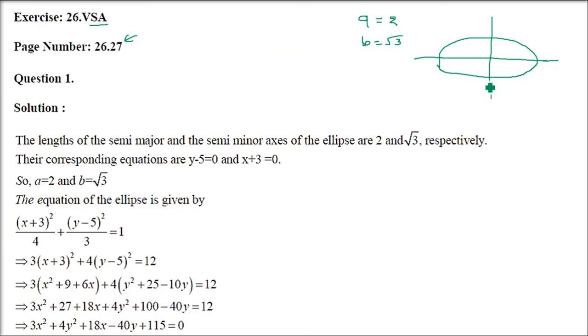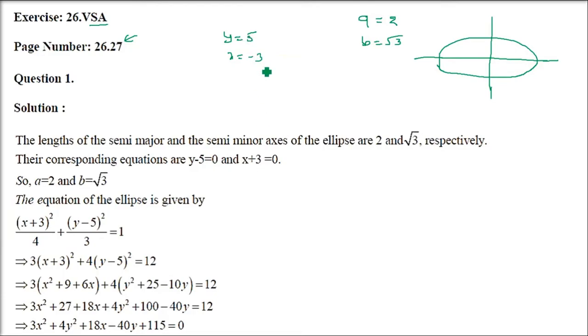So this is the horizontal ellipse. Now y minus 5 equals 0, x plus 3 equals 0, these two are the equations. So what do you get here? You get y equals 5 and x equals minus 3. The equations are given of these two lines, the axes, when they intersect.